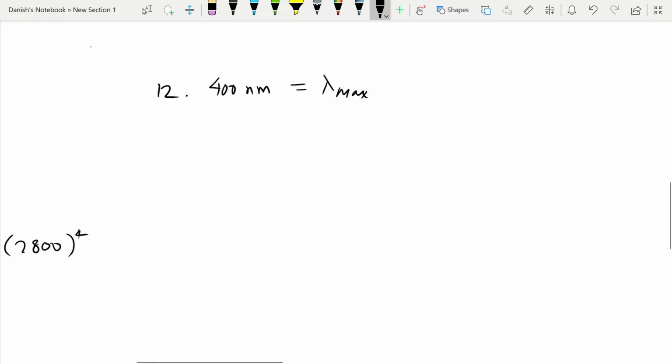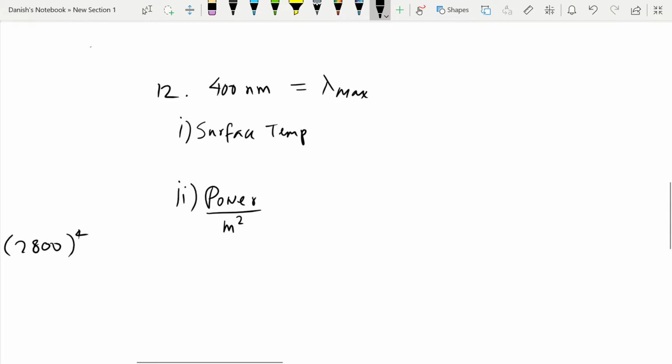So we're asked to find the surface temperature and power radiated per meter squared, essentially.